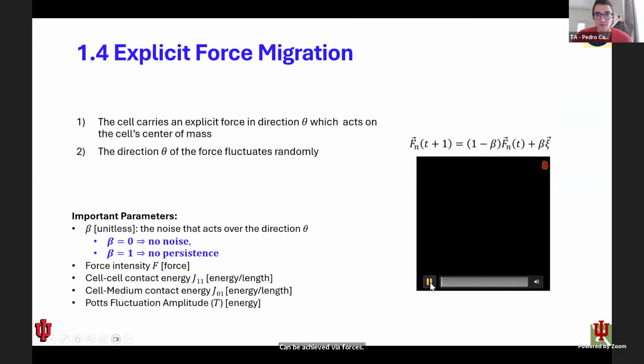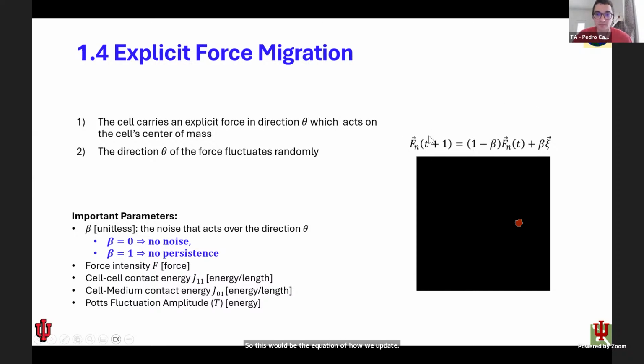In the explicit force migration in CompuCell, we define an absolute value for force and a direction for force. The direction varies in time according to a noise. So this would be the equation of how we update the force vector in time.